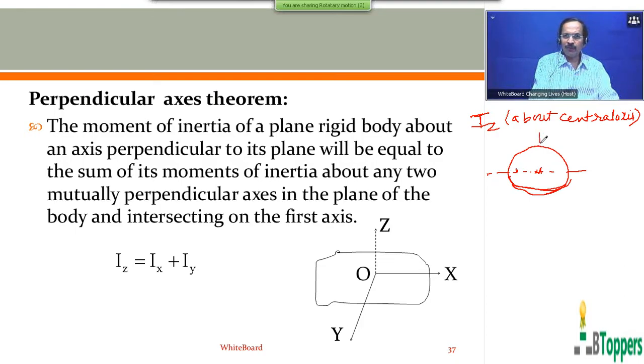Now let us consider two mutually perpendicular lines in the plane of the disc and intersecting on the central axis at the center of mass of the disc.